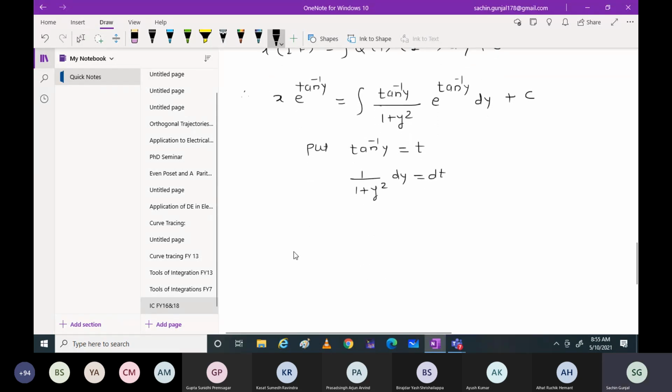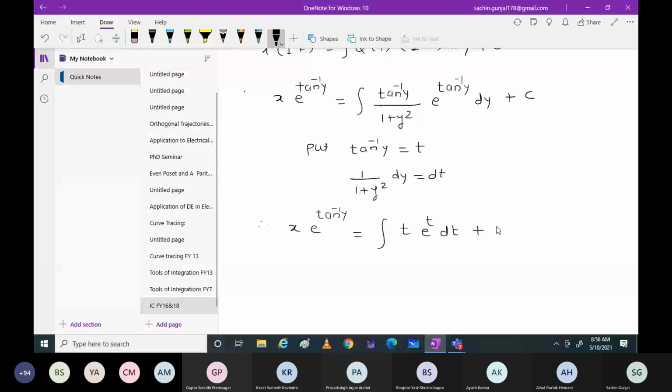So therefore, x into e raised to tan inverse y is equal to integral, tan inverse y is t, 1 upon 1 plus y square dy is dt, and e raised to t.